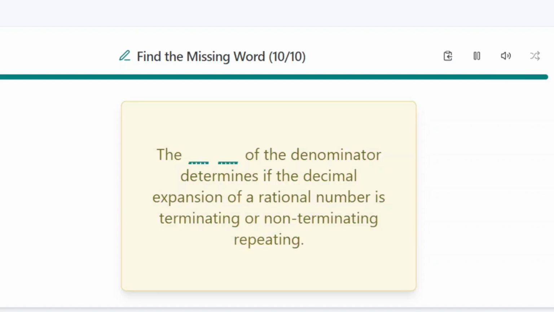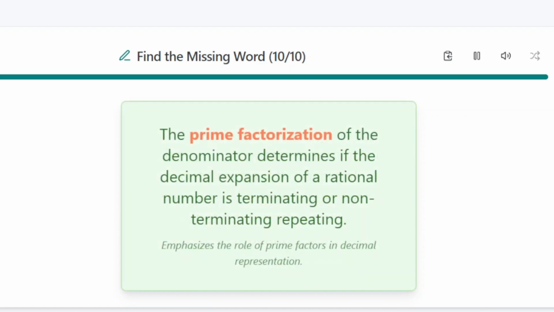The blank of the denominator determines if the decimal expansion of a rational number is terminating or non-terminating repeating. Prime factorization. Explanation: emphasizes the role of prime factors in decimal representation.